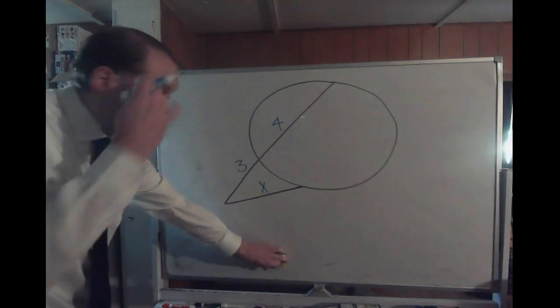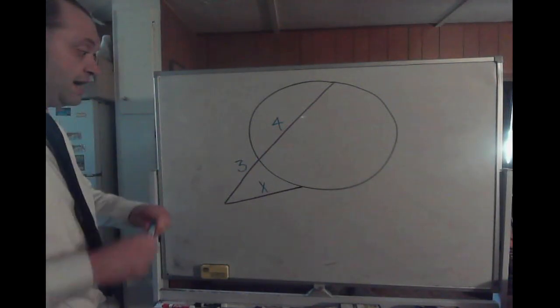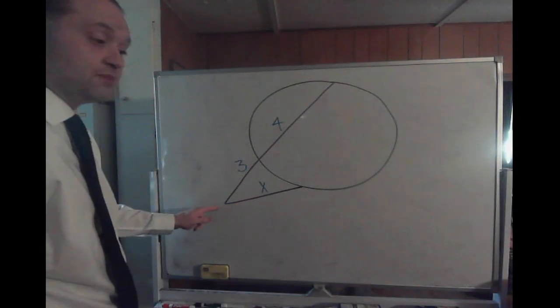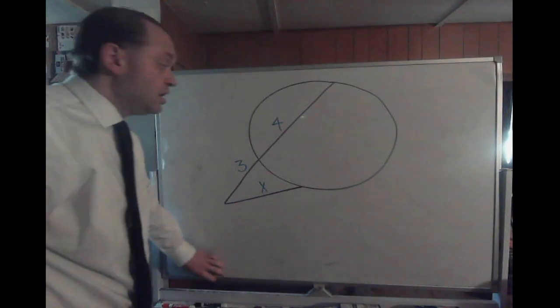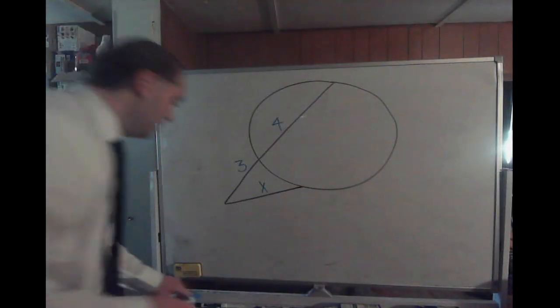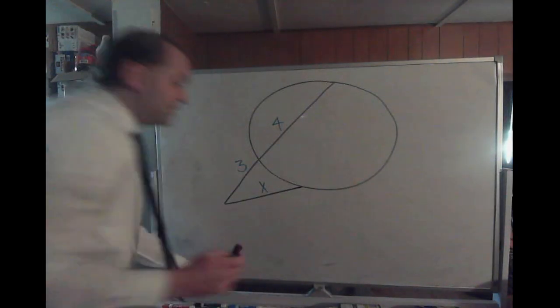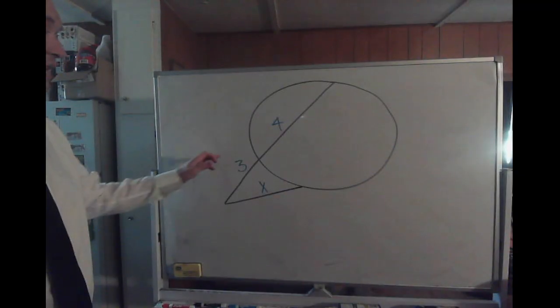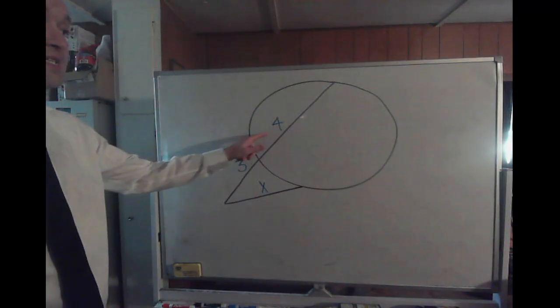Alright, so now we have a circle where you have a tangent line and a secant line that come from the same point outside the circle. So what does the theorem say about that? The theorem says in that situation, you take the length of your whole secant segment.